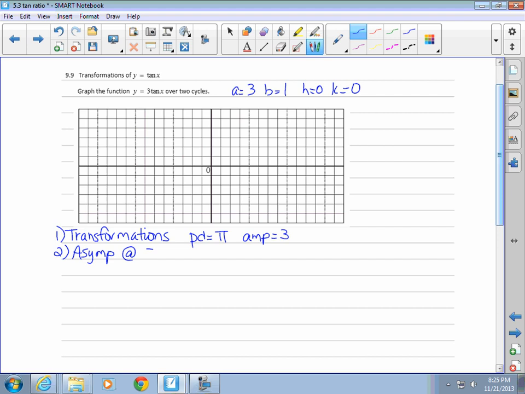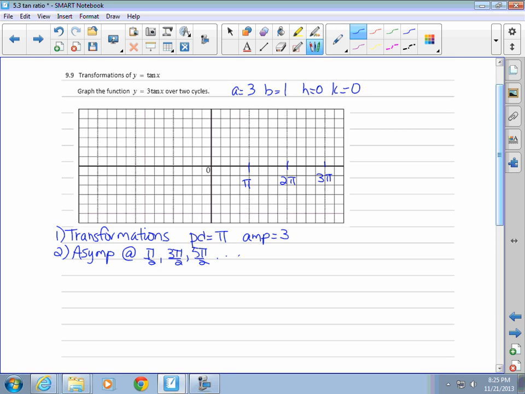They're going to be at that pi over 2, 3 pi over 2, 5 pi over 2, and so on. So I can draw those in. Because I'm still working at a period of pi, I'm going to say that every 4 ticks on here is the equivalent of pi. And that just makes it nice and easy to divide this up into those four sections for your other key points that we're looking at.